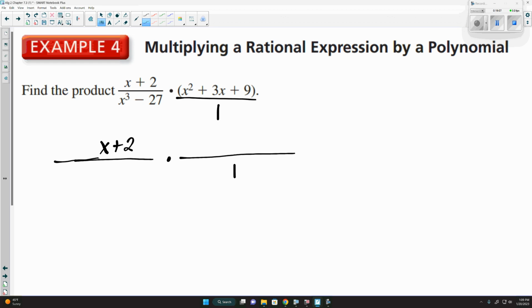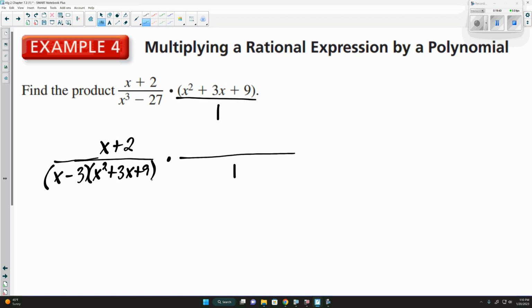Now, our numerator of the first, I'm going to say x plus 2, because there's no greatest common factor, and the degree is 1, so that is simplified as it gets. Now, the question is, will x squared plus 3x plus 9 factor? Maybe yes, maybe no. It's kind of hard to see at this point, yes? x cubed minus 27. Difference of perfect cubes, which is x minus 3 times x squared plus 3x plus 9.